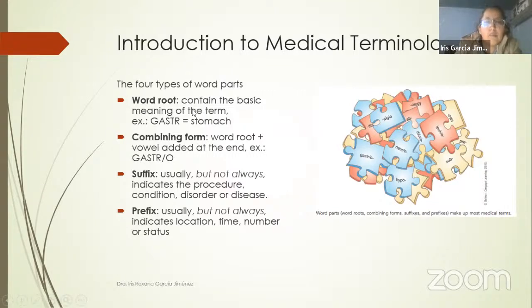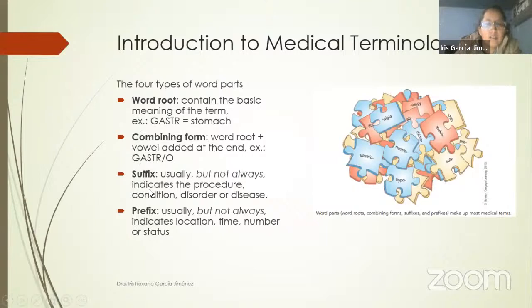The word root contains the basic meaning of the term. For example, gaster means stomach. Moreover, we combine the form: the word root plus the vowel, added at the end. For example, the word root gaster plus an O is now gastro.